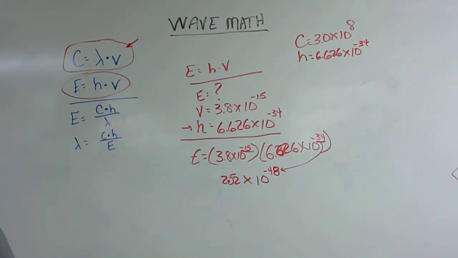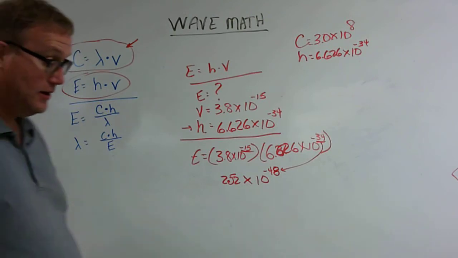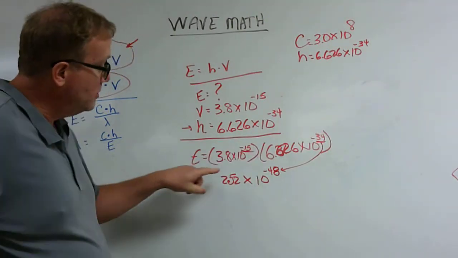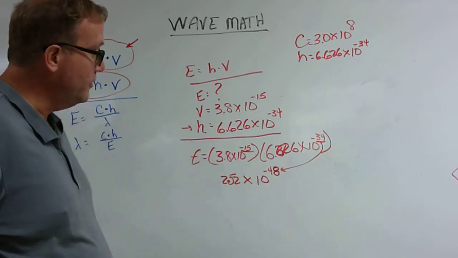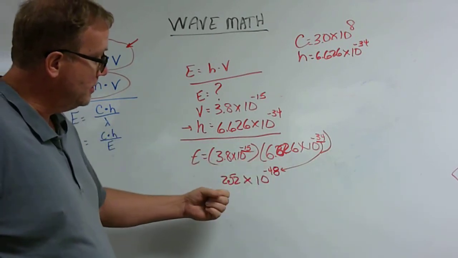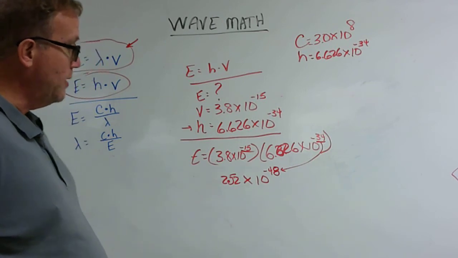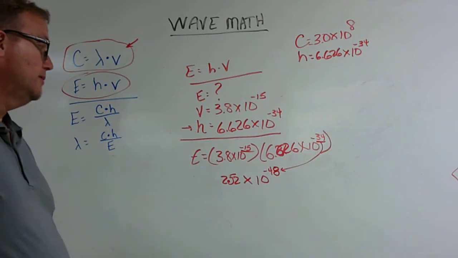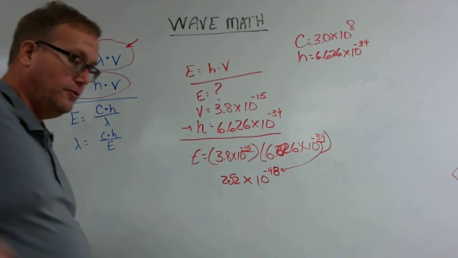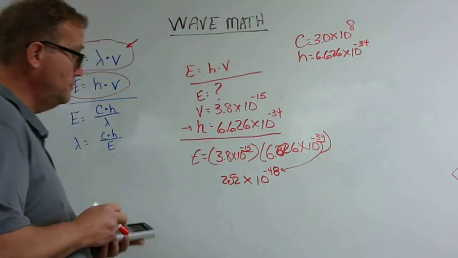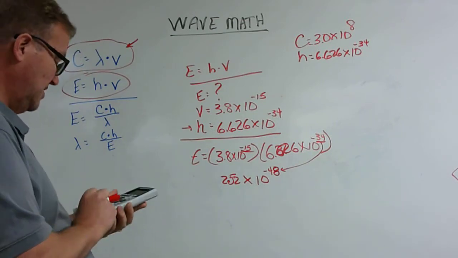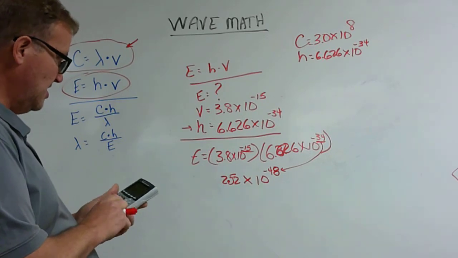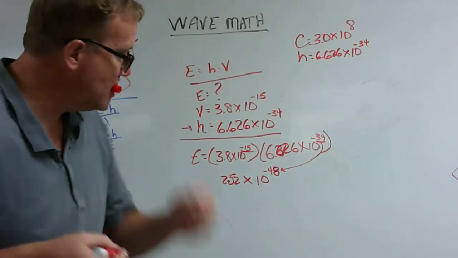Now, if you're intimidated by this, you could multiply these two numbers together and it'll come out 25.2. The exponent would be a little bit different, but then let's just go ahead and do that. Yeah, I know what it's going to come out as.